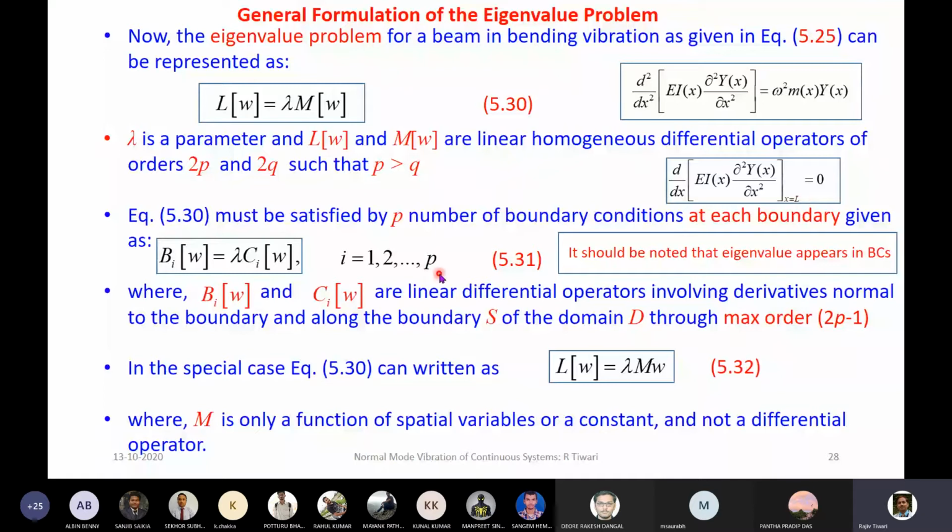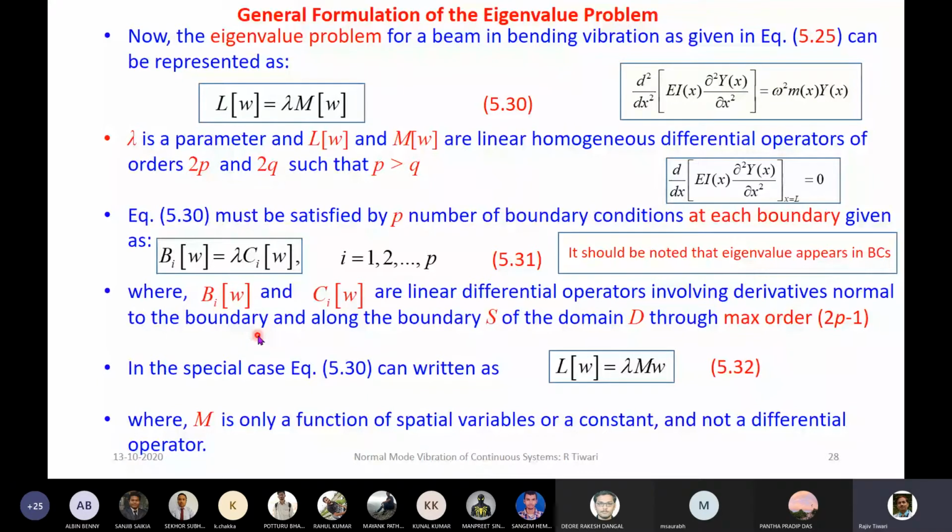For a specific case, like the beam case or other cases, I will describe these numbers more explicitly. So here B_iW and C_iW are linear differential operators involving derivatives normal to the boundary and along the boundary. So if we have, let us say, a two-dimensional problem, like a circular plate, then we'll be having a curved boundary.